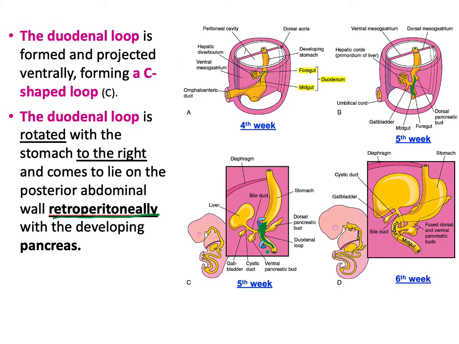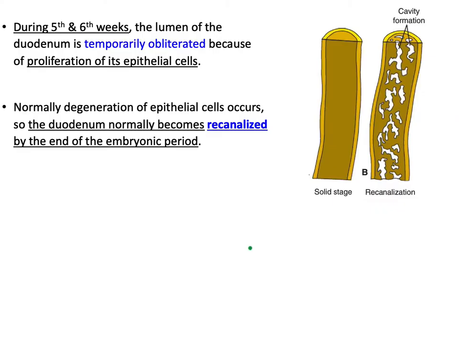It becomes retroperitoneal behind the peritoneum, of course, with the pancreas, because the pancreas also rotated with the stomach. So the stomach rotated, and it rotates with it the duodenal loop and the pancreas.